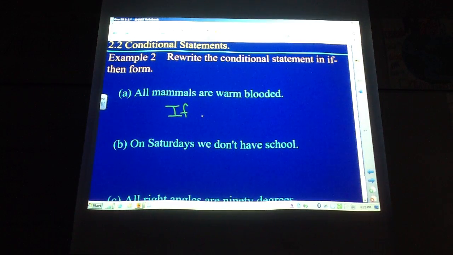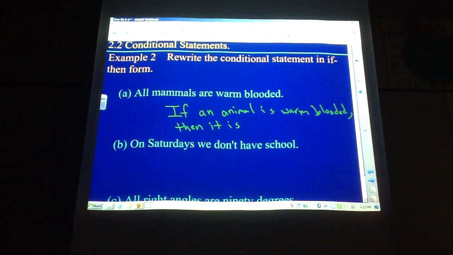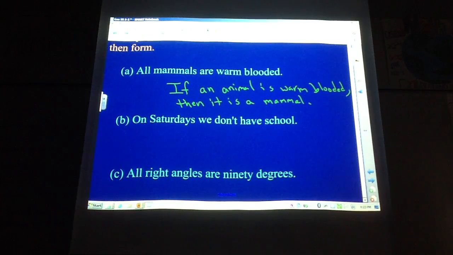I'm going to say if an animal is warm-blooded, then the animal or it is a mammal. And that's how I can rewrite that statement in if-then form, which would be a conditional statement.